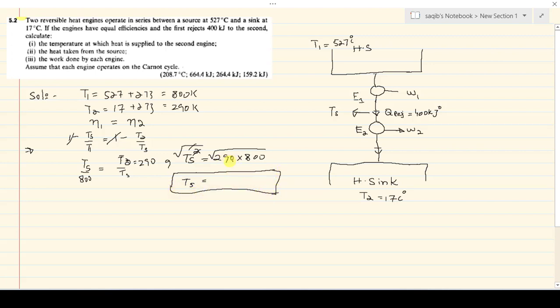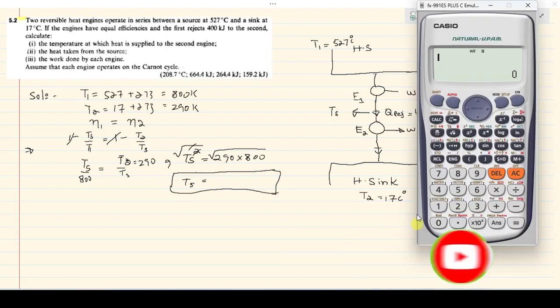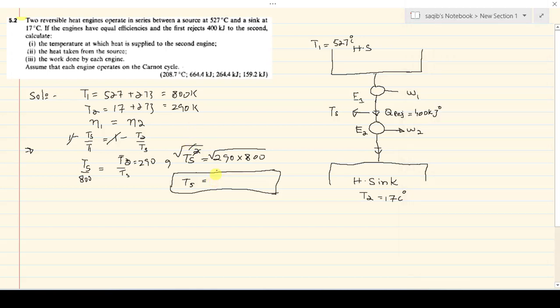Just by using the calculator you will get the value, which is 481.6. If you convert that into centigrade, just subtract 273 from it.